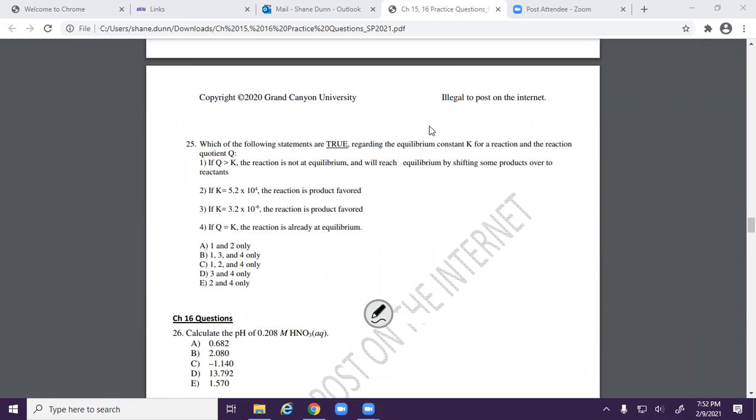Is the first one true or false? If it shifted to make more products... Oh, sorry, you're going from products to reactants, my bad. Shifting over from products to reactants, so you're making more reactants. That one's true.